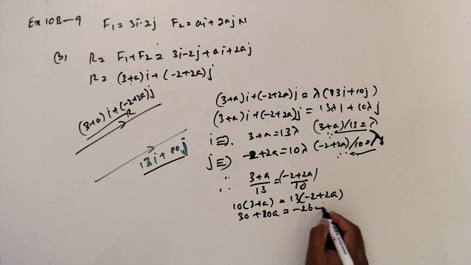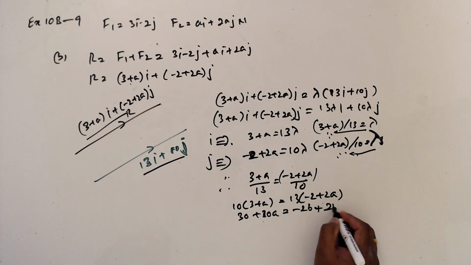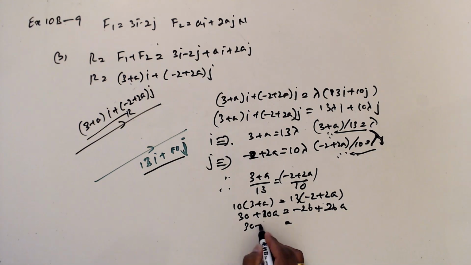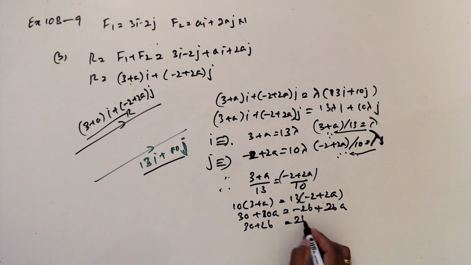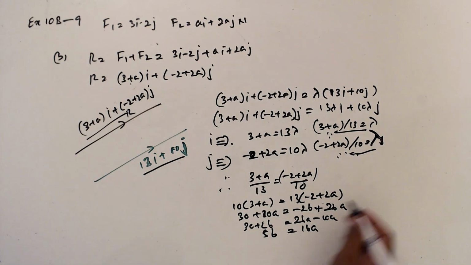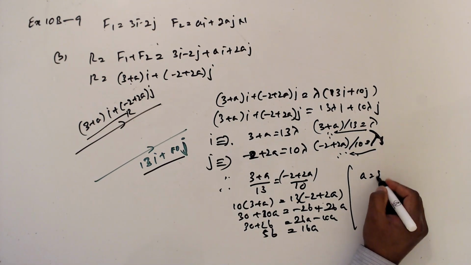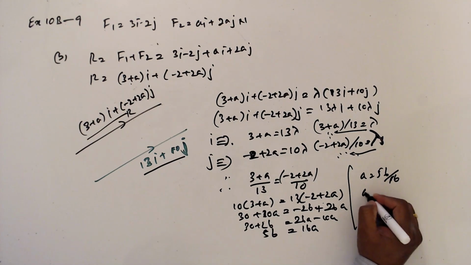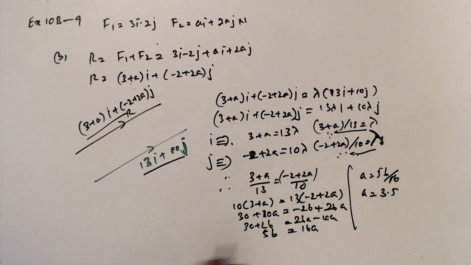This is going to be 13 times 2a, which is 26a. So then 30 plus 26 equals 26a minus 10a. So this is going to be 16a equals 56. Then a equals 56 divided by 16. So a equals 3.5.